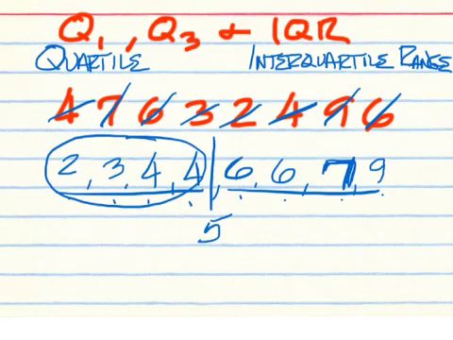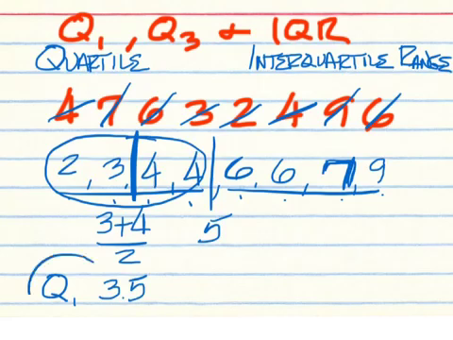So 2, 3, 4, and 4 find the midway point there. You have 4 numbers, and the midway section is there. So treat it just like a median. 3 and 4. Add 3 and 4 together, divide by 2, and get 3.5. That is Q1.